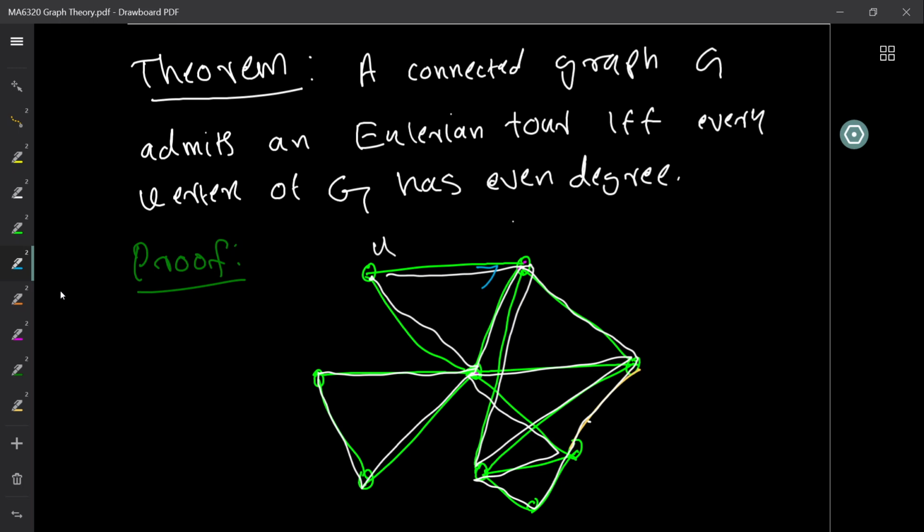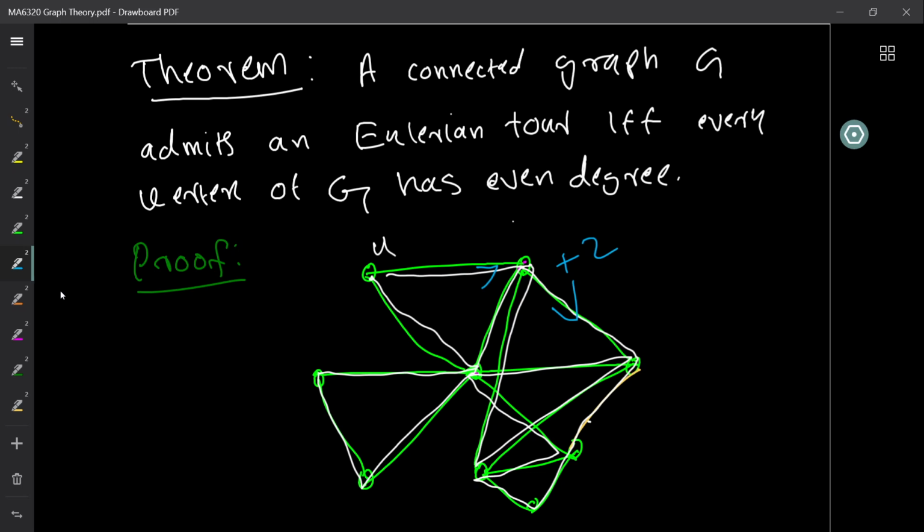So if I enter a new vertex, I must also exit it. Therefore the contribution of the walk, when it enters a vertex and goes out, is 2 degrees. So this has added 2 to the degree of this vertex.